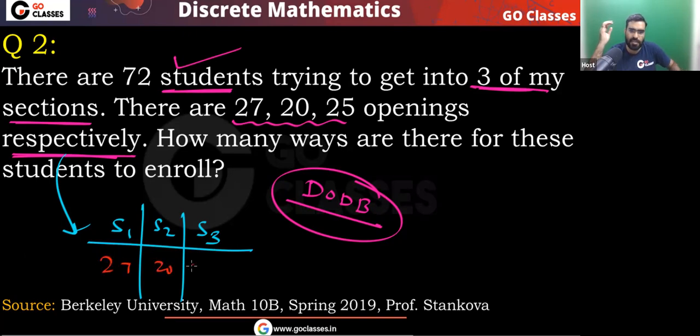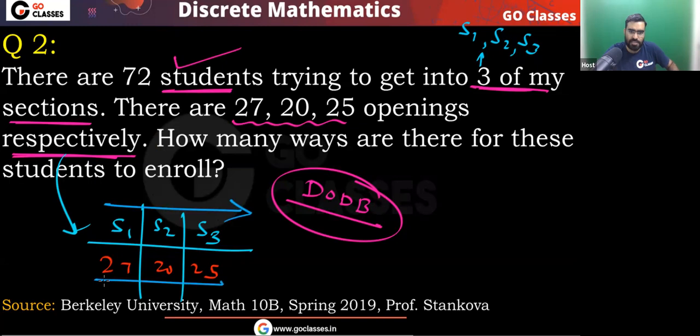There are 3 sections, so let's assume these 3 sections are S1, S2, S3. Now this word respectively is basically saying that in this order, S1, S2, S3, these openings are there. Okay, is this point clear? I hope this point is clear. So this word respectively is actually important. Okay, let's move on.